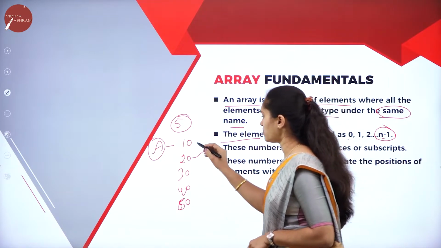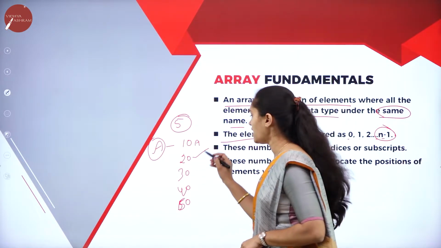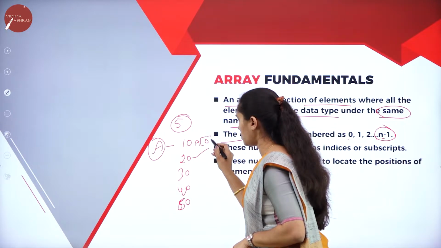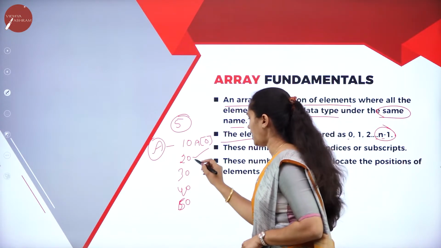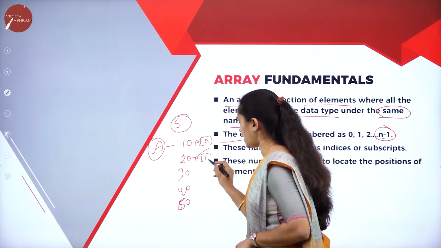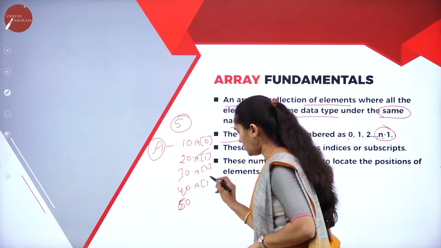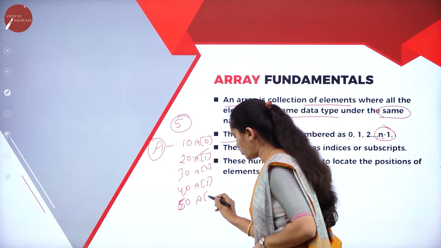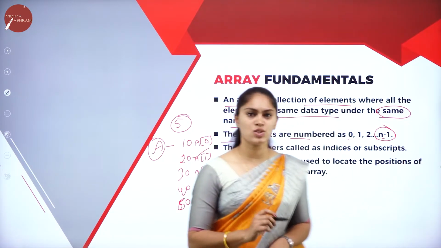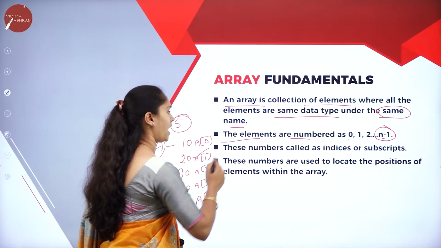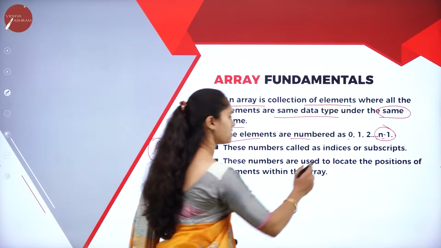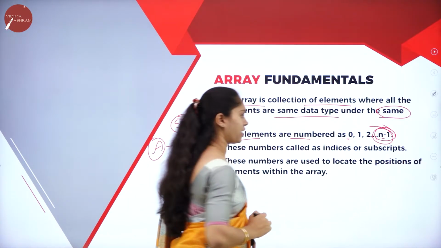So how are we supposed to do this? The array name is A and the index value starts with 0. Here A of 1, here A of 2, here A of 3, and this is A of 4. You can observe one thing: the elements are numbered 0, 1, 2, up to n minus 1.